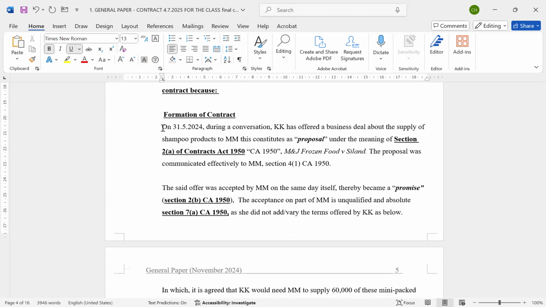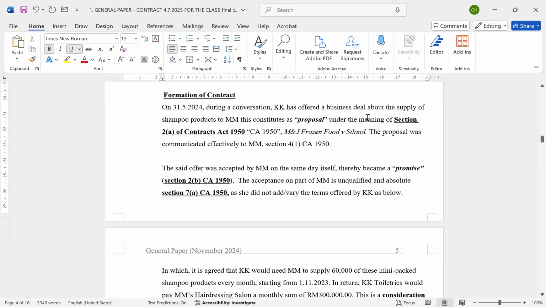On 31st of May 2024, what happened? KK offered a business deal about a supply of shampoos to MM. And this clearly is a proposal under the meaning of Section 2A of your Contracts Act.